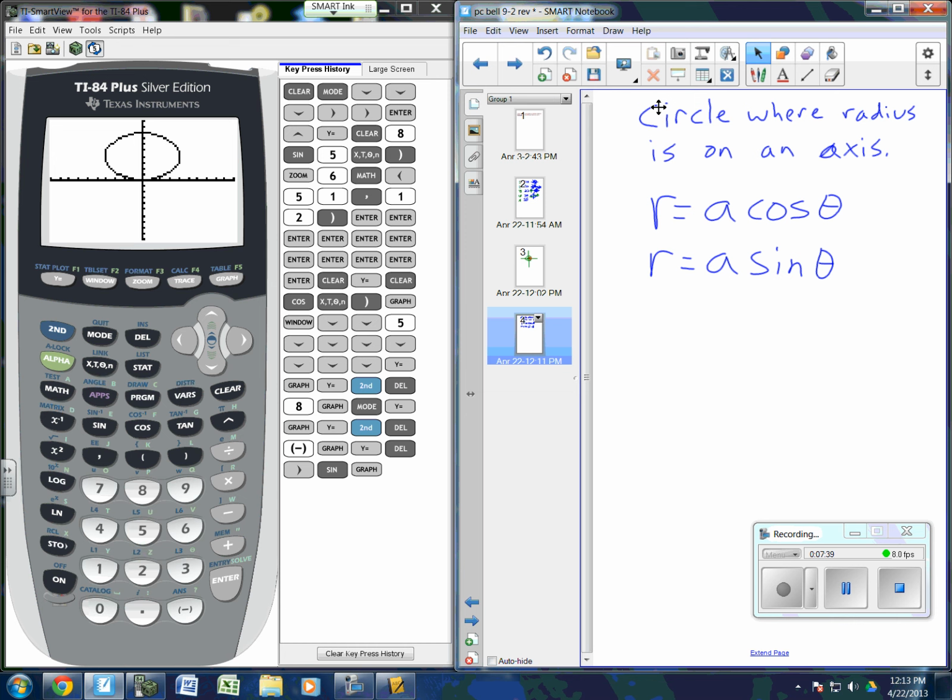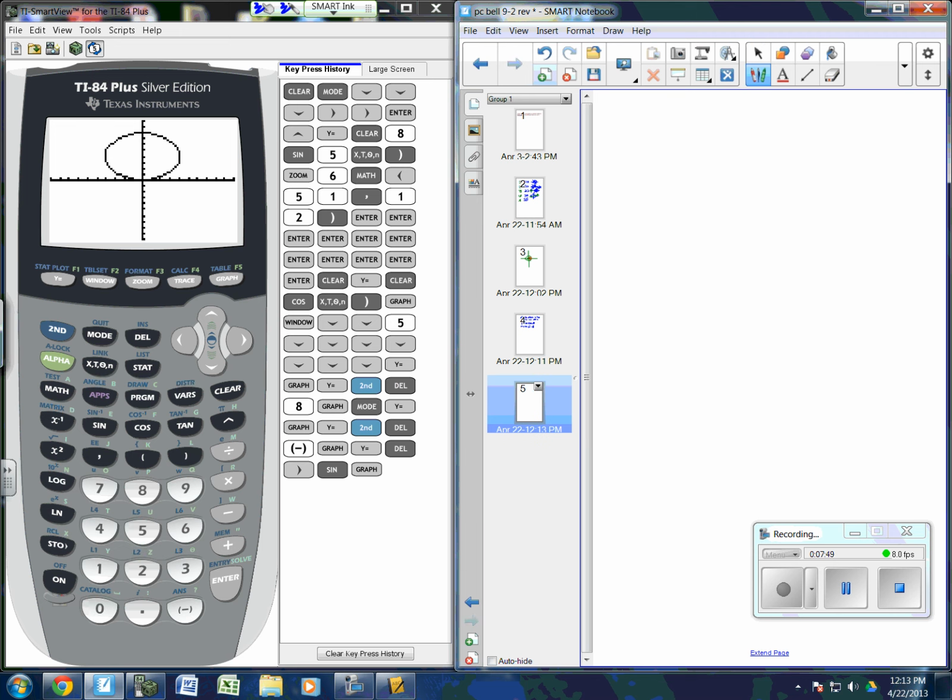All right, next one. We are going to graph what we call a limacon. I always call it a limacon, but I heard it's pronounced limachon or something like that. Okay.